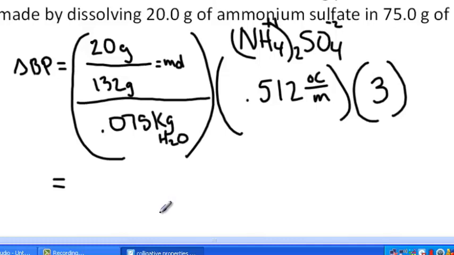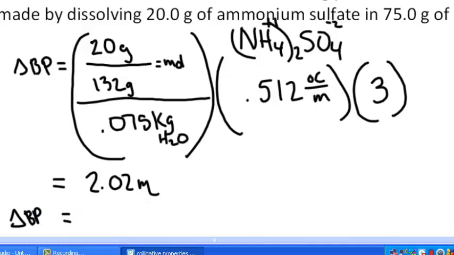20 divided by 132 divided by 0.075, and my molality simplified to 2.020202 times 0.512 times 3.